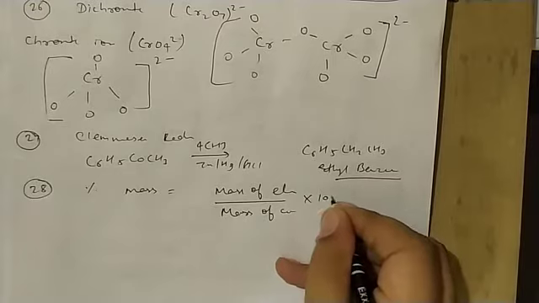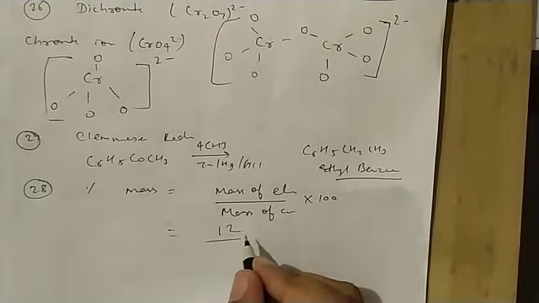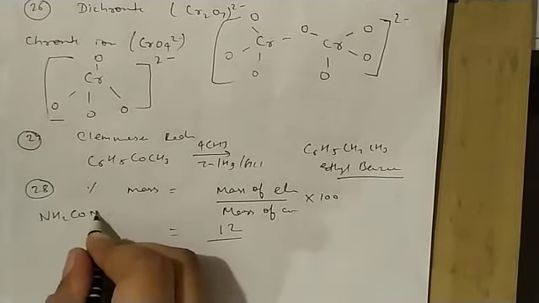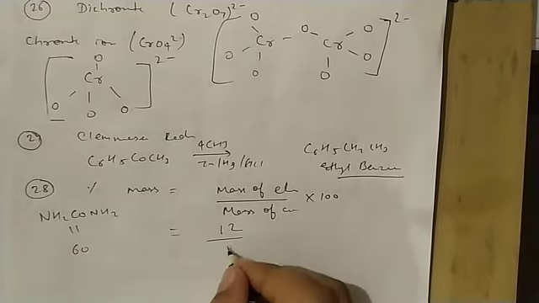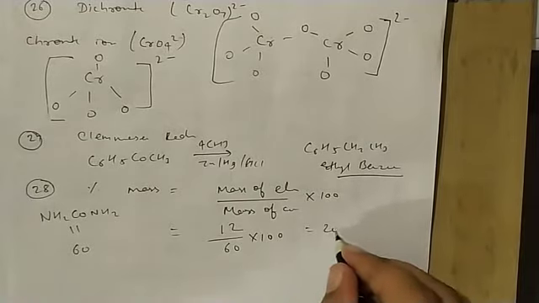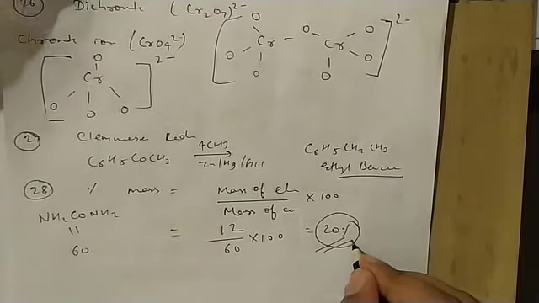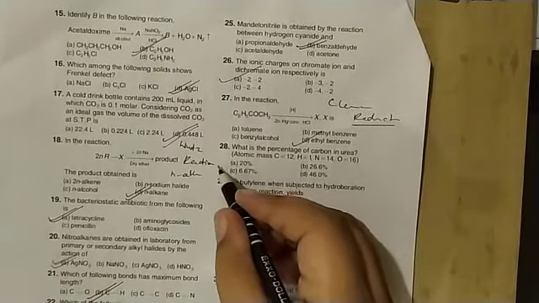Mass of element is 12, and the compound is urea, NH2CONH2, whose molecular mass is 60. So 12 upon 60 into 100, the percentage will be 20%. If you look at the options, 20% is given in option number A, so option number A is correct.